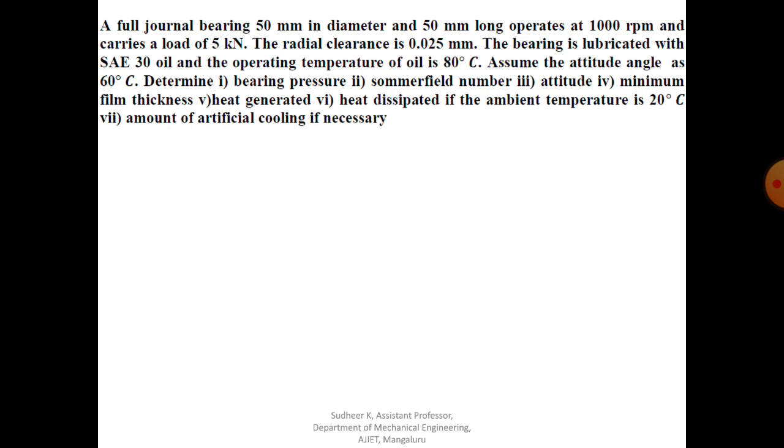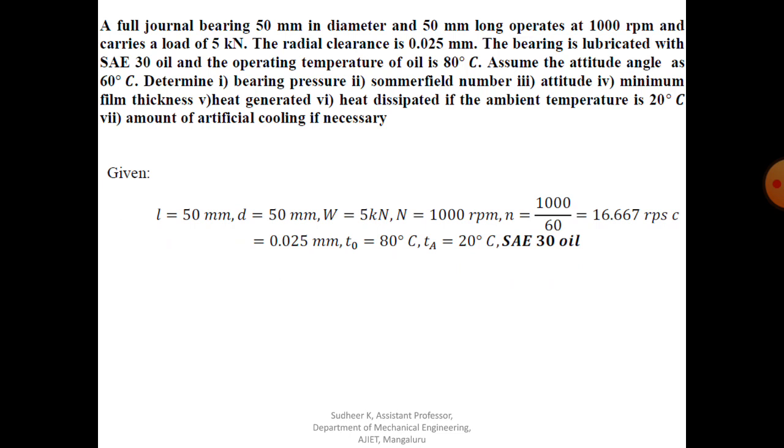Before that, let me see what the given parameters are. L is the length of the bearing, which is given here as 50 millimeter. The diameter of the journal bearing is 50 millimeter, denoted by small d.